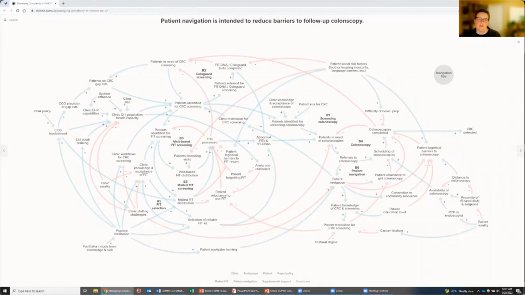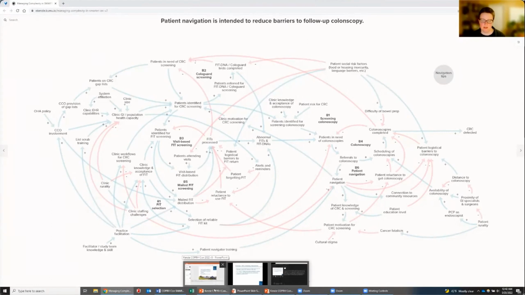There's a whole body of literature around group model building where you involve stakeholders. Typically that's done when you want to involve a group in identifying interventions and implementing them, where they're co-creating the model and identifying those strategies. So I'm going to switch back here if I can.